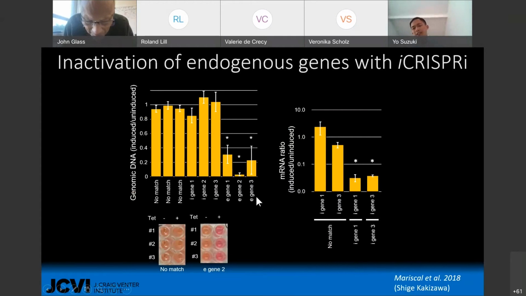For some, the growth phenotype showed that maybe CRISPRi is not working, but when we looked at the transcript level, the expression was reduced by roughly 95%. So this opened the door for developing CRISPRi tools for the rest of the genome. At this point, we published a paper, and that was a high point for our group.